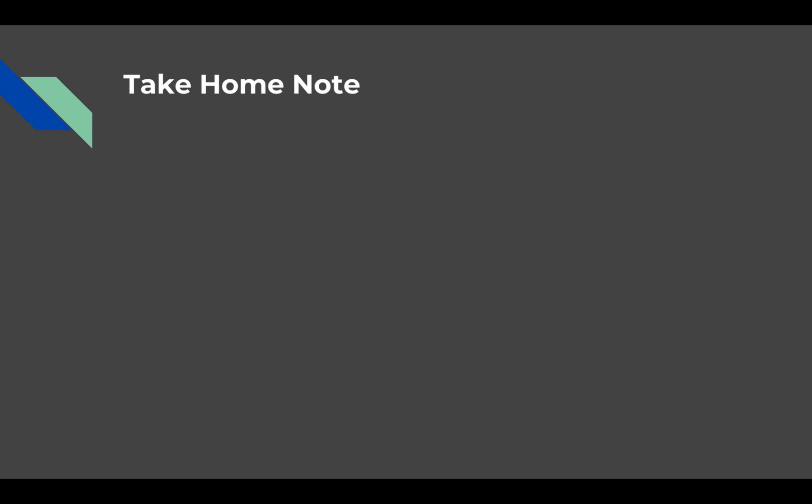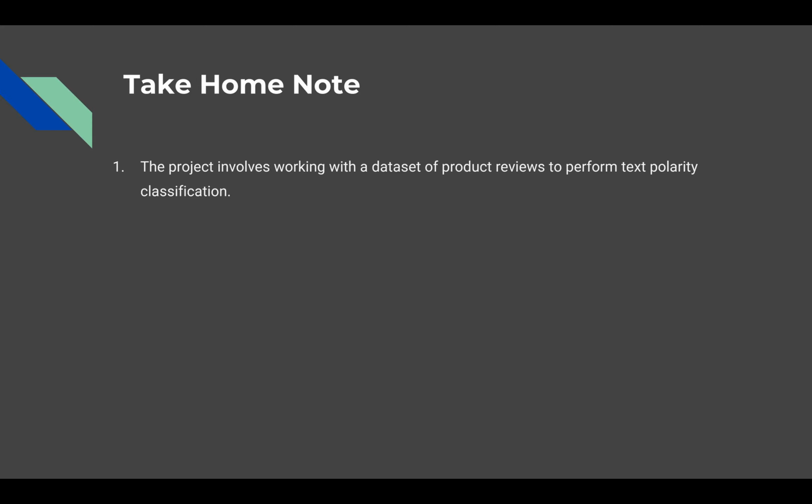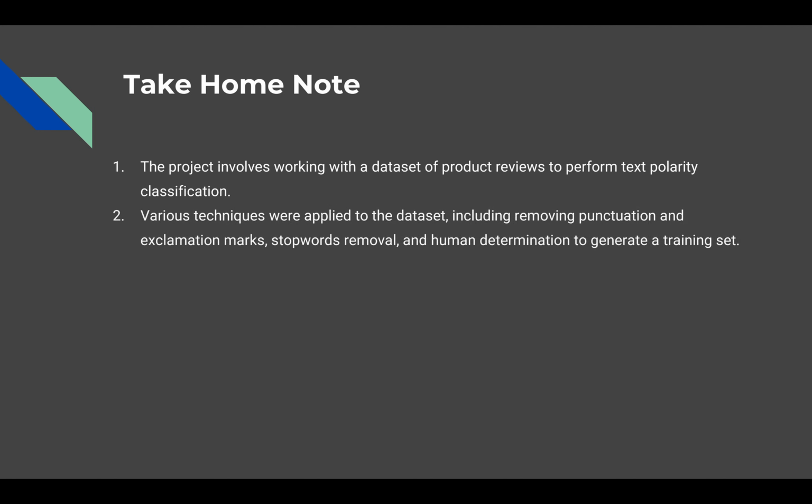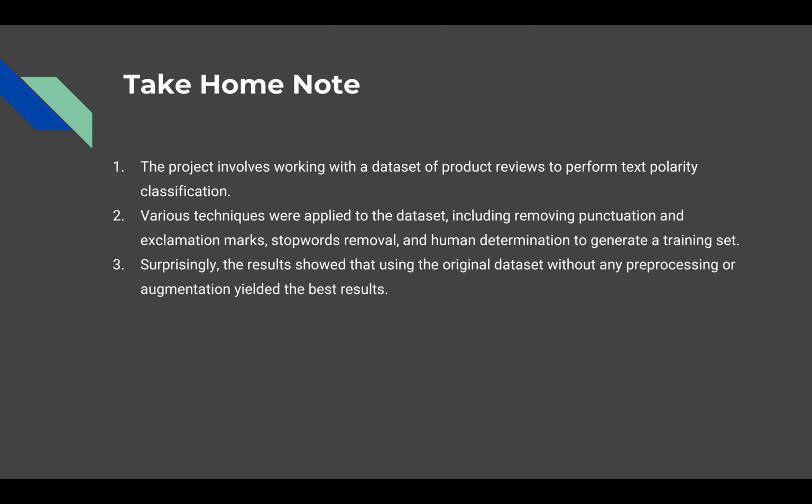Today, we worked on a project that involves text polarity classification of product reviews. We explored various techniques such as removing punctuation, exclamation marks, sample removals, and human determination to create the training dataset. Interestingly, the results show that using the original dataset without any preprocessing or augmentation performed the best.